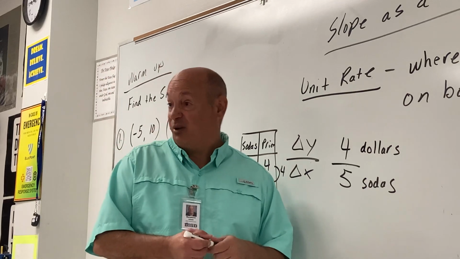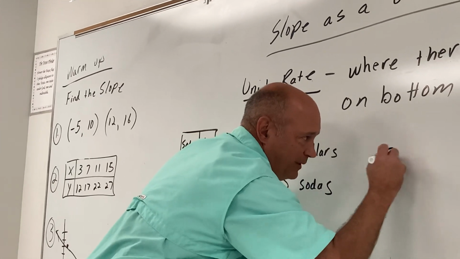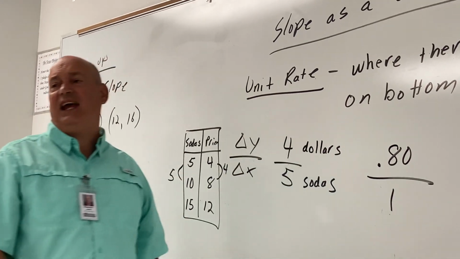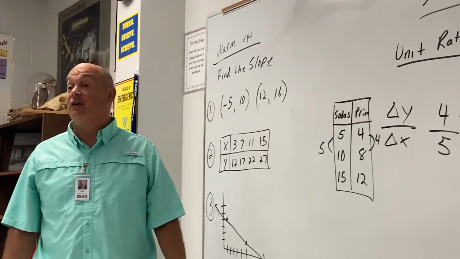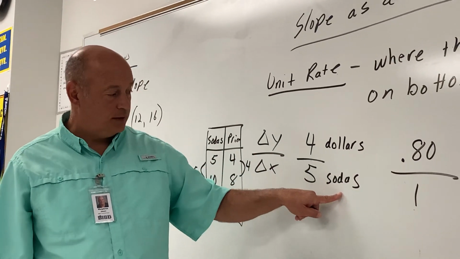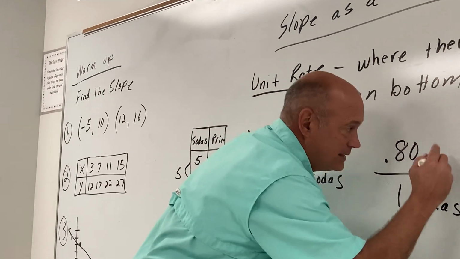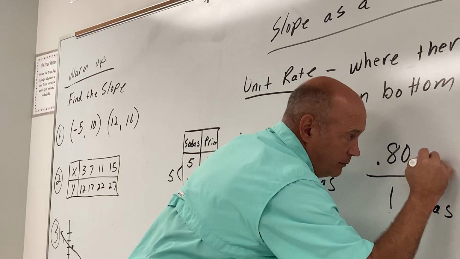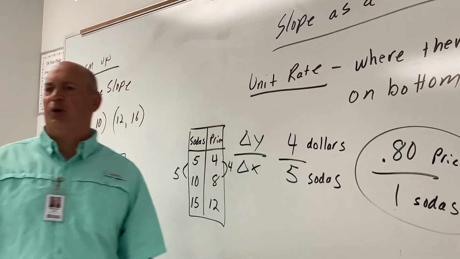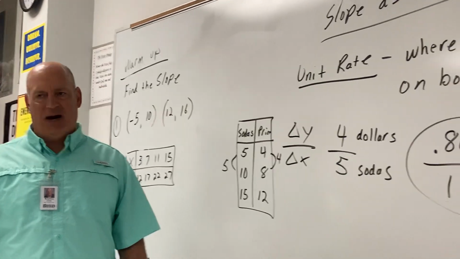So the real slope here written as a unit rate is $0.80 for 1. That means 1 soda costs how much? 80 cents. Let's put price. So this is the slope written as a unit rate because now I have a 1 on the bottom. Any questions?